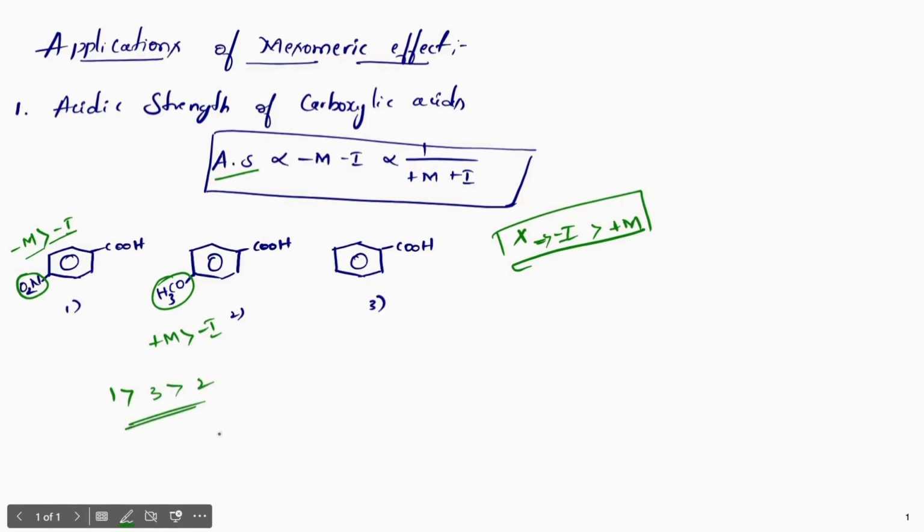This is the order of acidity. In the first case, both minus M and minus I can be seen, whereas minus M takes the preference, therefore acidity increases. Coming to the second case, plus M and minus I effect are observed, but plus M takes the preference. Plus M decreases the acidic strength, therefore it is least acidic.